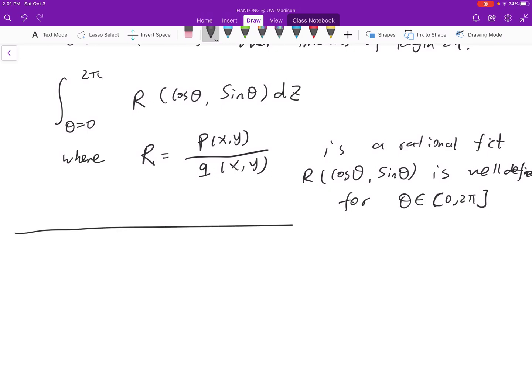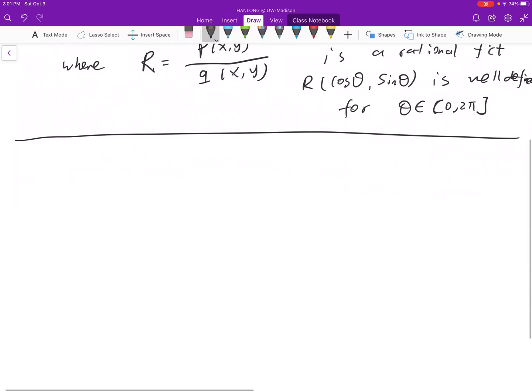For this type of functions, we will use the following U-substitution. Recall that before, when we have some complex variable z, we use z equals r times e to the i theta to do the parametrization. Now we reverse the order.